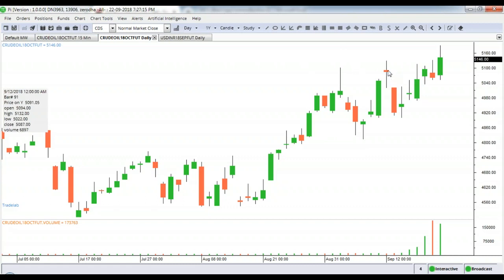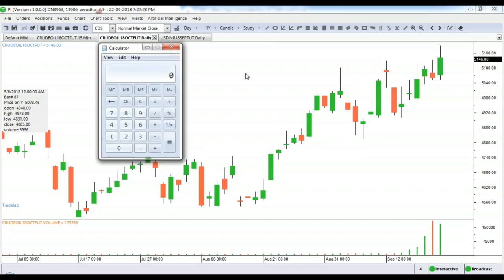Now say for example, how many units are you buying in one lot? You are buying 100 units, correct? So if you are buying per lot and there is a difference of 20 paisa in the USD INR pair, you will have to multiply it by 100. So per lot there will already be a difference of 20 rupees in our price.